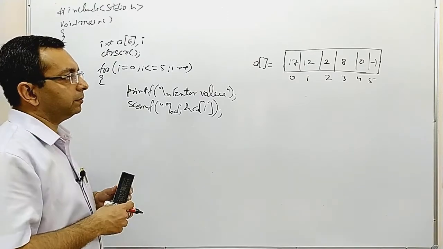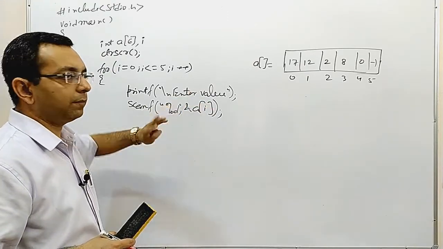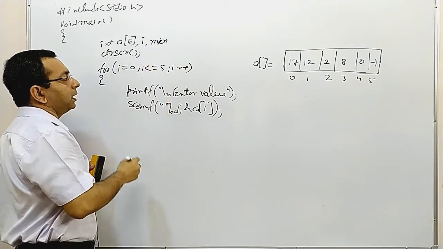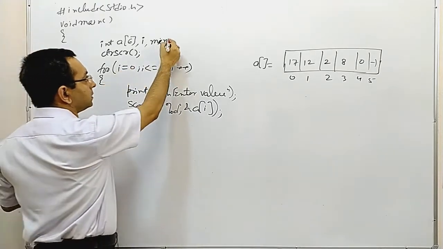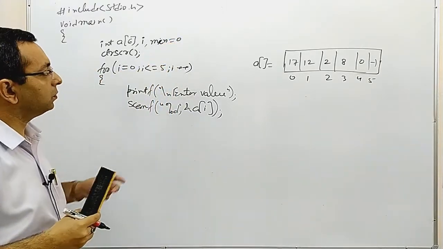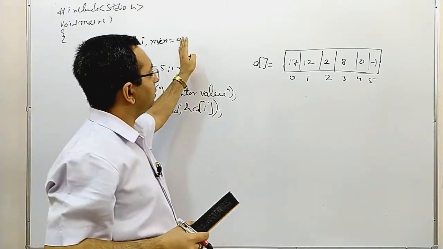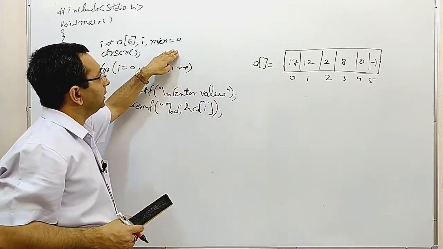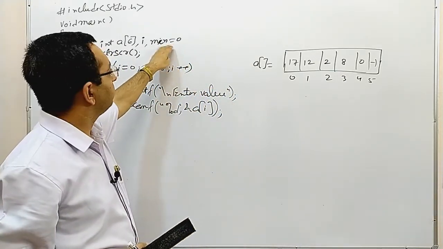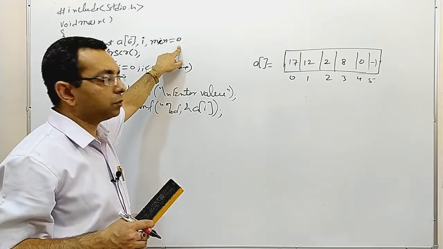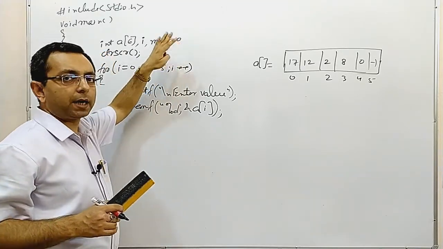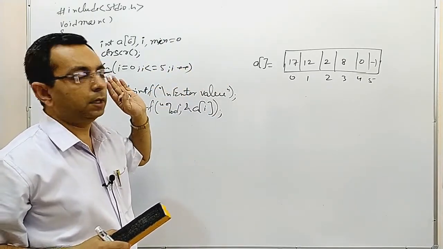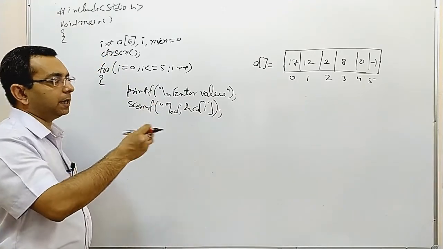Now we have to find the smallest number, so we have to compare. We take one variable, min, but the point is, if we store min as 0, it may be possible that all numbers are bigger than 0. Then the minimum value, 0, will always be printed. So what we have to do is store a maximum value that is not available in this array, because this array is of static type.